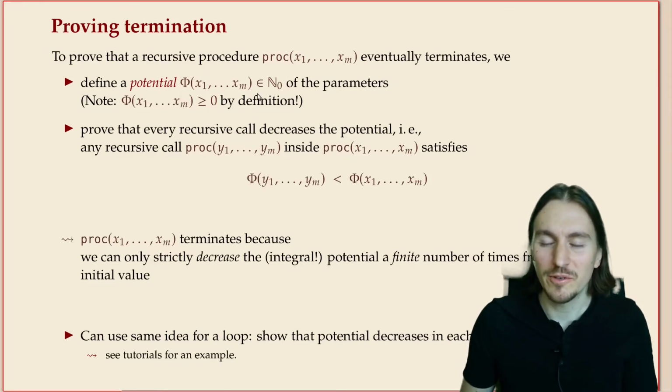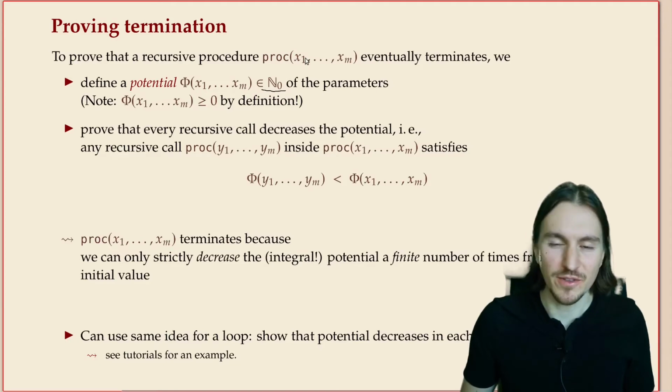That's something intuitively that becomes smaller with each recursive call. That has to be a natural number. That's important. And that's at least 0 by definition, because a natural number starts with 0. So that's some function you compute based on the parameters that this procedure is called with.